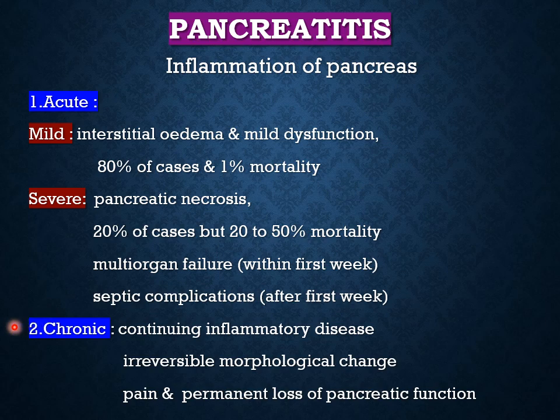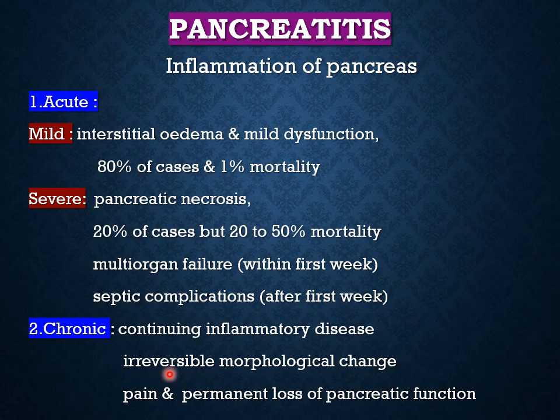The second group of inflammatory condition is known as chronic inflammation or chronic pancreatitis. This is due to either a continuation of the acute inflammatory process or recurrent attacks of mild inflammatory processes leading to final chronic inflammatory disease. It is a very irreversible morphological change that takes place in the pancreas.